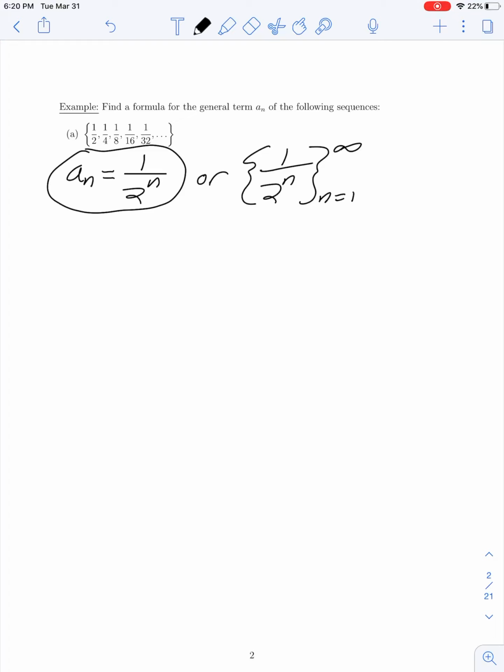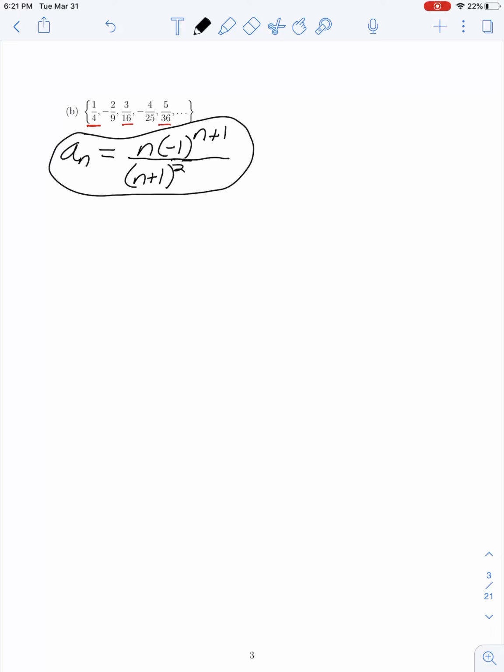Is there any number which they seem to be approaching? So in this example, we had 1/2, 1/4, 1/8, 1/16, and so on. So it seems like as we keep listing terms, they're getting smaller and smaller. So here, the terms of our sequence, a sub n, seem to be approaching 0 as n gets larger.